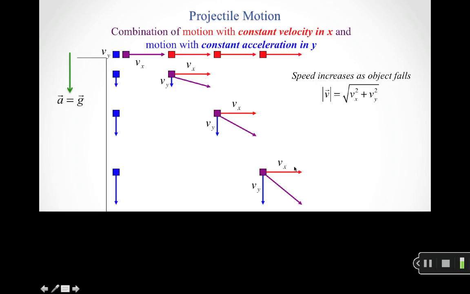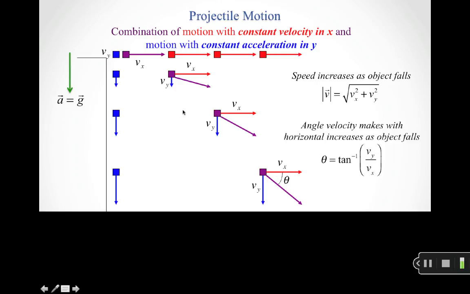The x component's the same in all these situations, so this term stays the same. This term gets bigger as the object falls, which means that the speed increases. And again, that's exactly what we know happens when you throw something. It falls faster as it gets closer and closer to the ground.